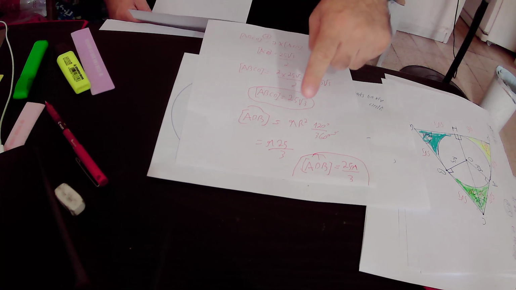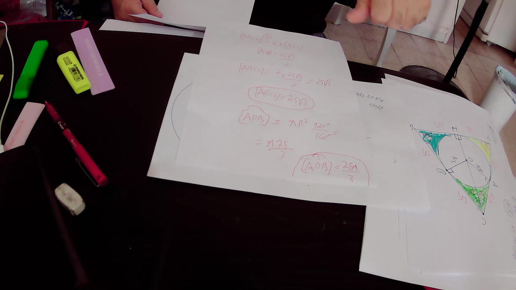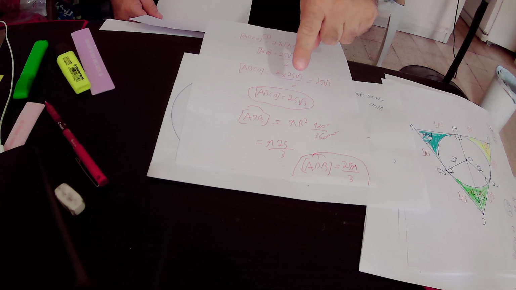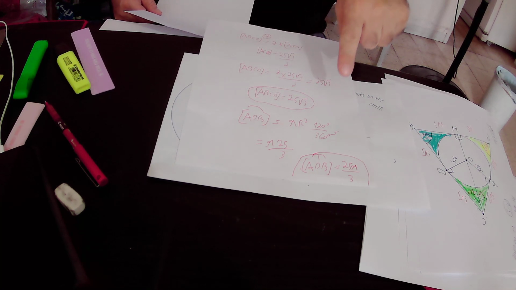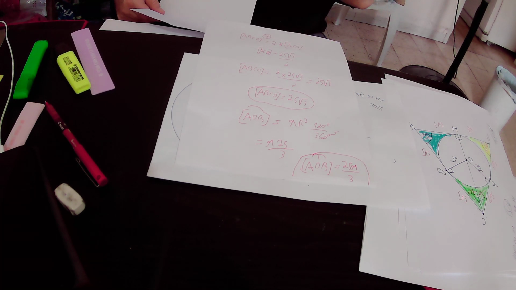We know that r equals 5, so pi r squared is 25 pi, and 120 over 360 is 1 over 3. So the area of sector AOB equals 25 pi over 3 square units.